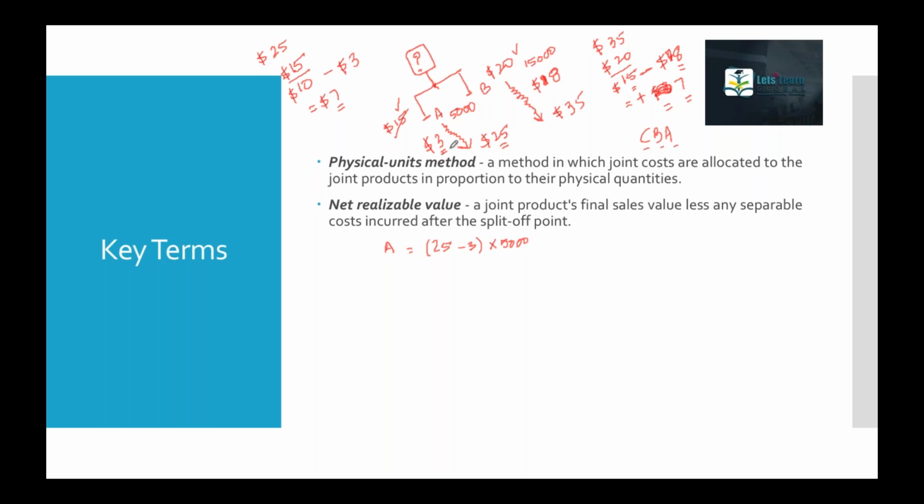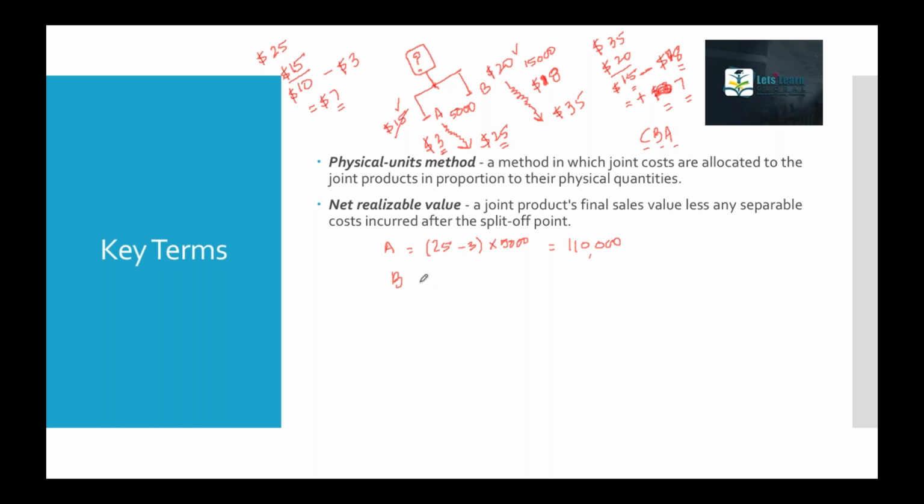$25 gross sales price minus further processing cost, into the quantity. So here 22 times 5,000, 25 minus 3 into 5,000, it is $110,000.